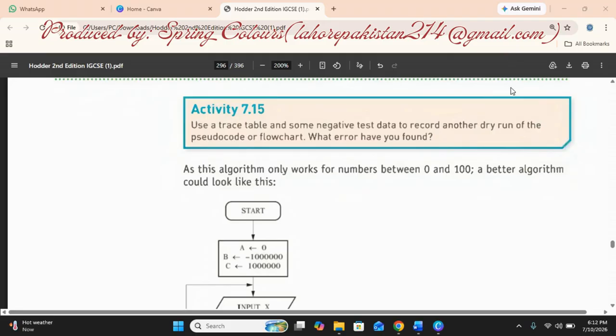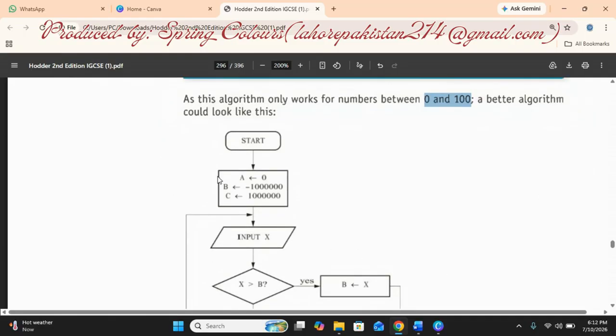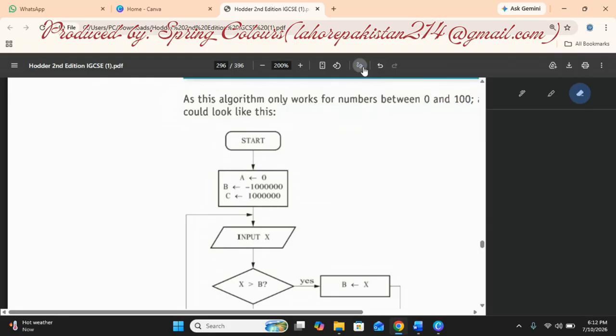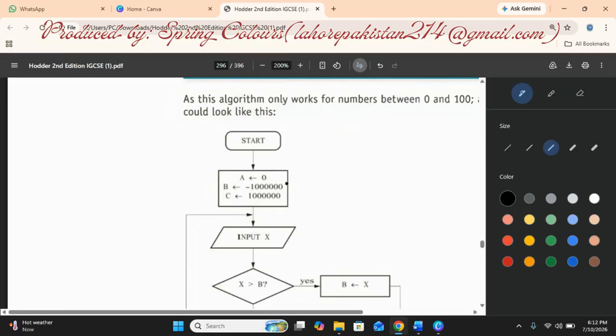Instead of comparing all the values between 0 and 100, this time the programmer is comparing the values between minus 1 million and plus 1 million. The algorithm will work really well for all the values between minus 1 million and plus 1 million. But again, it will fail if the user gives any value lesser than minus 1 million or greater than plus 1 million.